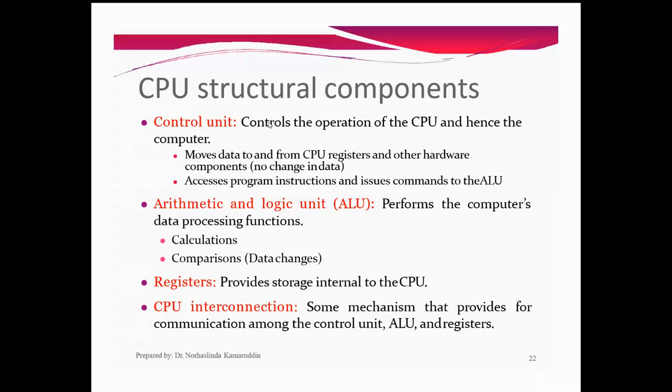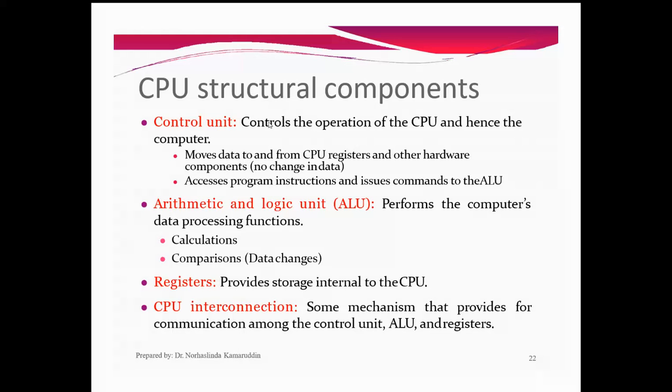And how about the register? The register provides the internal storage to the CPU, used to hold your data while the execution process occurs. So when it wants to do addition, it needs the register to hold your data for the addition process.